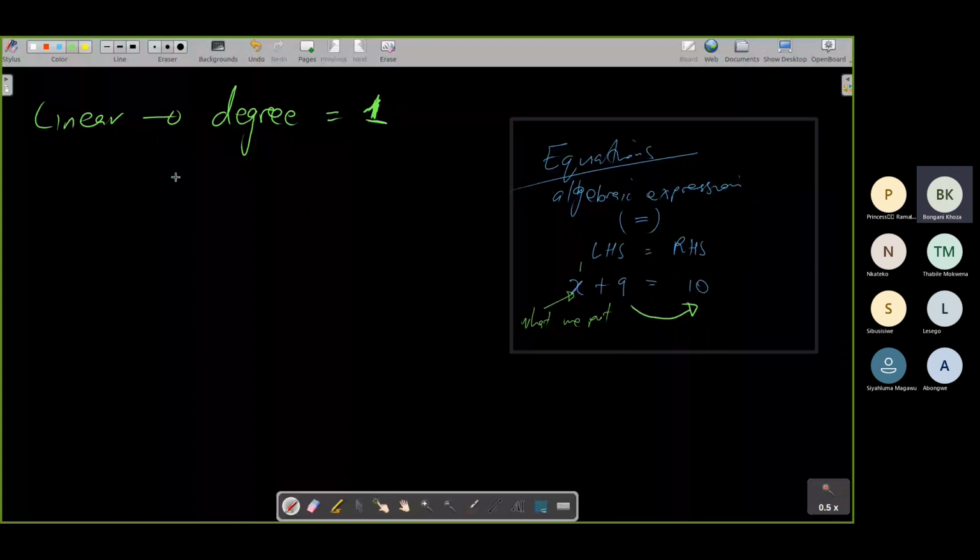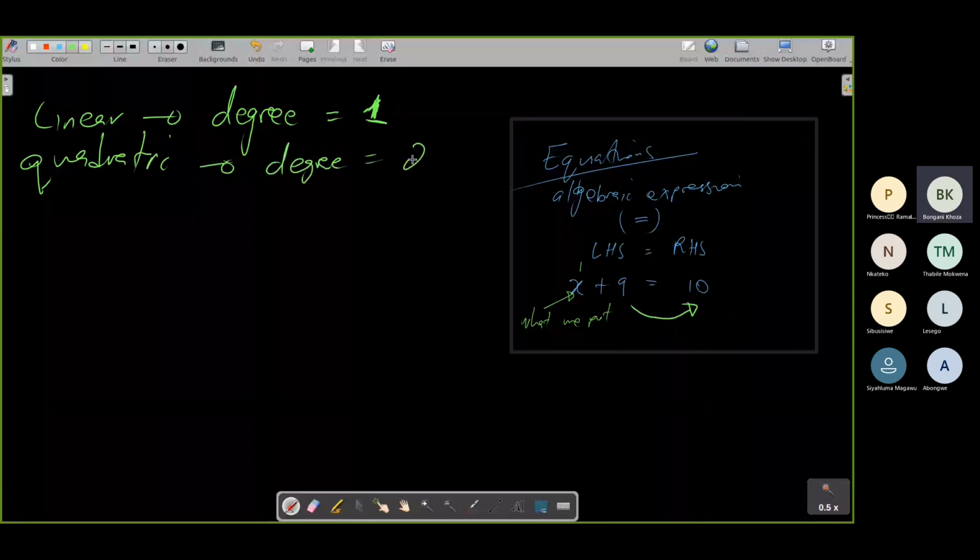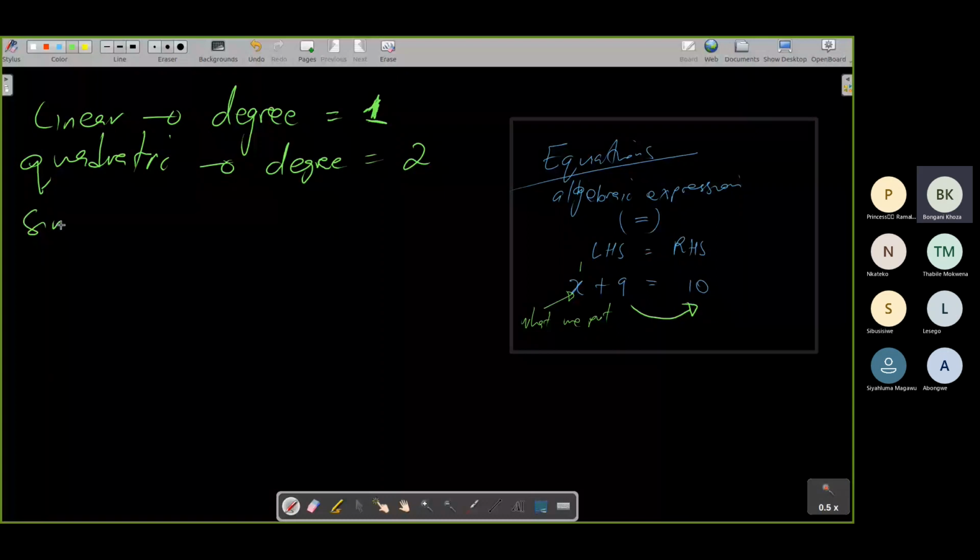So this was a linear equation. Then we also have another one we call quadratic. Here the degree is 2.